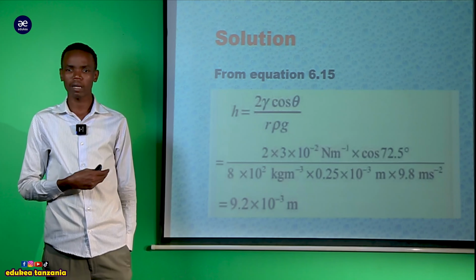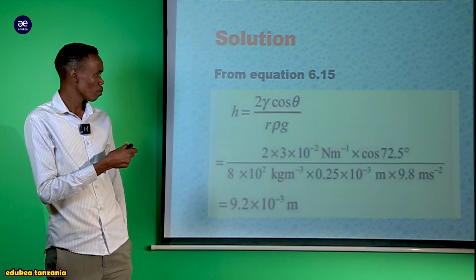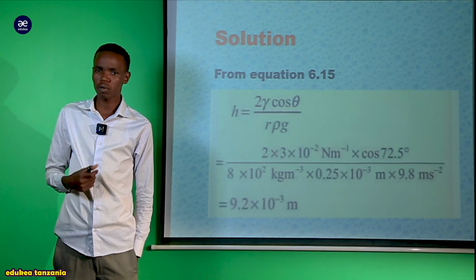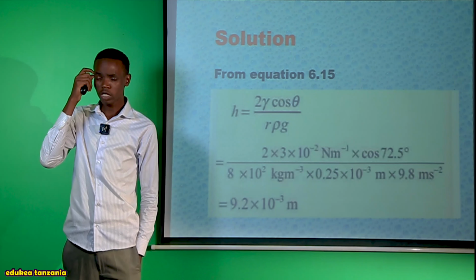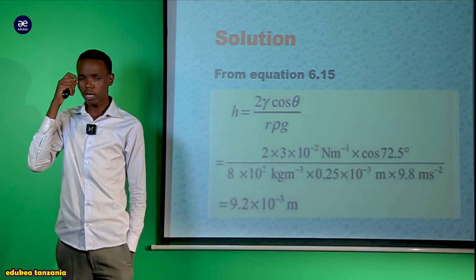So when we simplify, we get that the height of the liquid, my dear student, in a narrow tube or in a capillary tube, is equal to 9.2 exponent negative 3 meter.